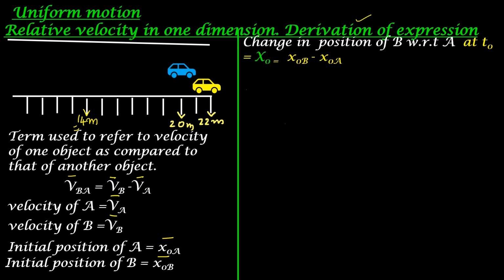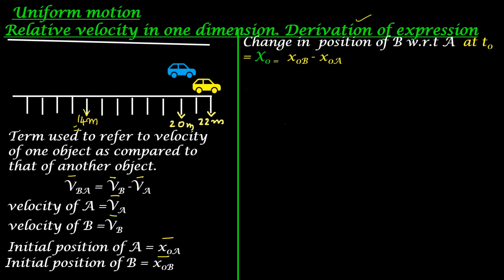That is, what is its displacement during t seconds? We already know that displacement is equal to velocity into time. We can consider the time as 10 seconds, 20 seconds, 30 seconds, or a few hours. Doesn't matter. But for the present, we will consider that time as t.